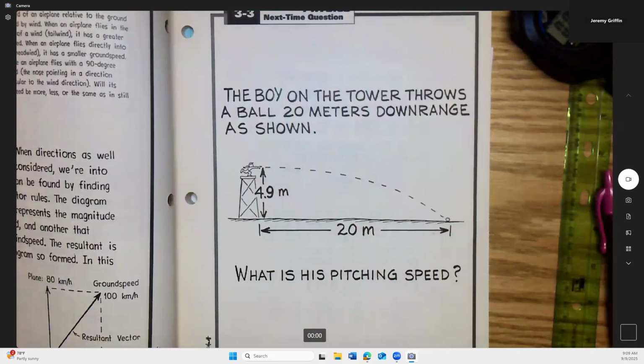Who's going to get this? Like 10 meters or something. Who knows the answer? It's a 10. Nah, I didn't do that.